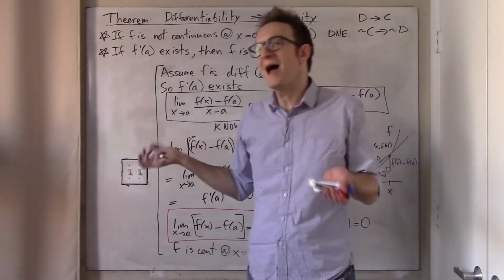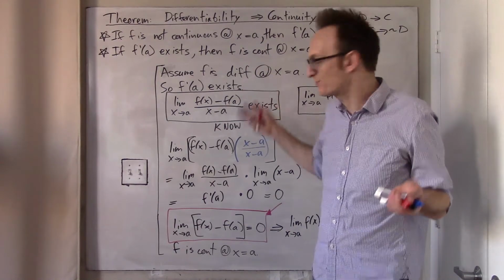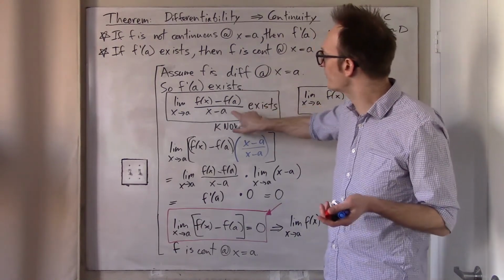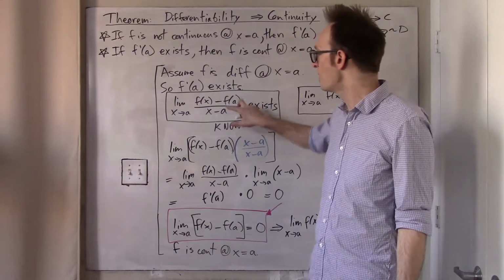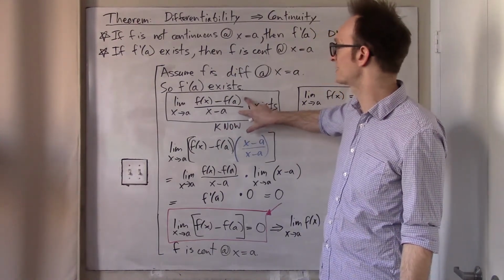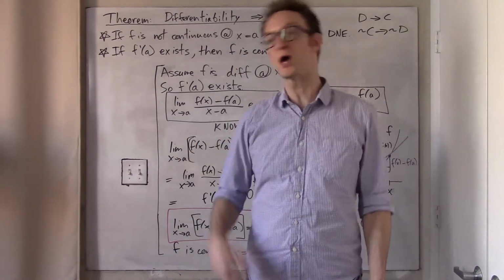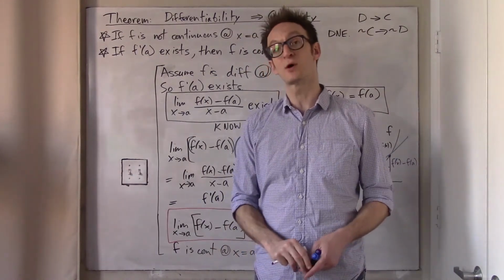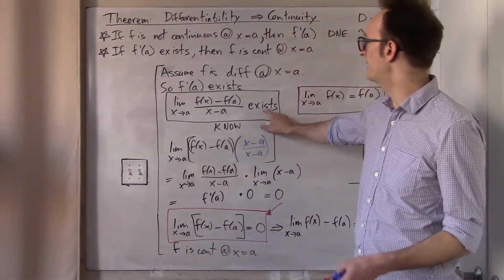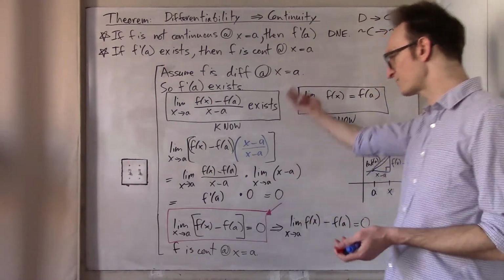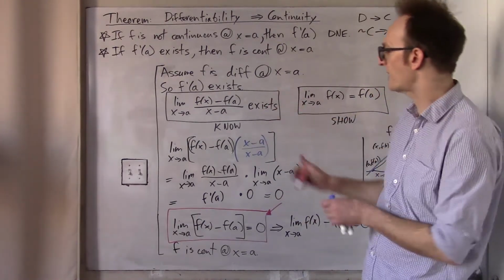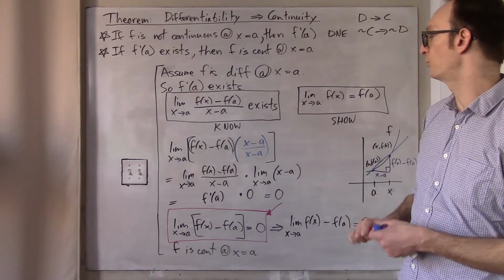The numerator has to go to 0 if the derivative exists, because the denominator goes to 0, so the only way for the ratio to exist is if the numerator goes to 0 also, giving rise to a 0 over 0 situation, and then turning out to exist.